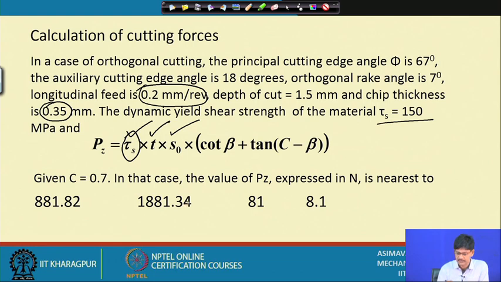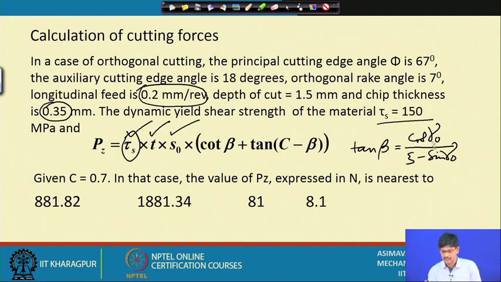What sort of equation am I going to use? We have solved it just now. So, I just write it: cos gamma O divided by zeta minus sin gamma O. But this raises a question, are all these things provided? We definitely need orthogonal rake. Orthogonal rake is given.